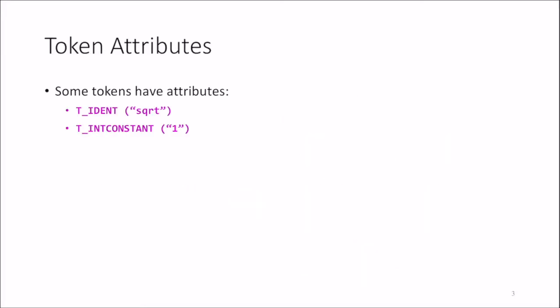Even in this very simple example, we can see that there are two types of tokens. There are some tokens that have attributes. For example, if I have an identifier, I need to know what the identifier is, otherwise I can't do anything useful with it. In the same way, if I identify an integer constant, I need to know the value of that integer constant because of course it matters for the computation I'll do with it later.